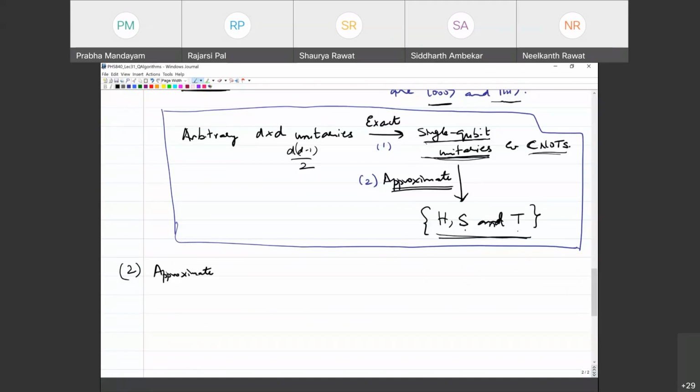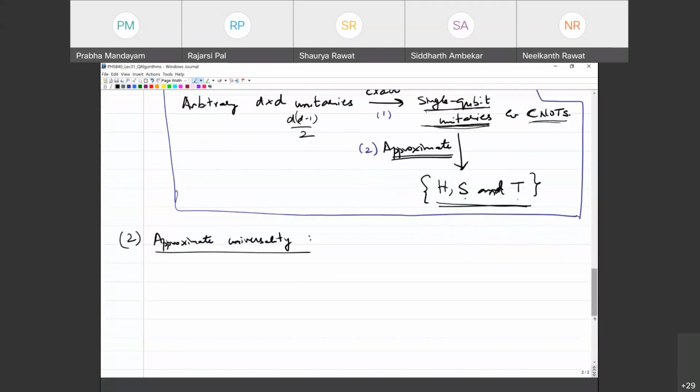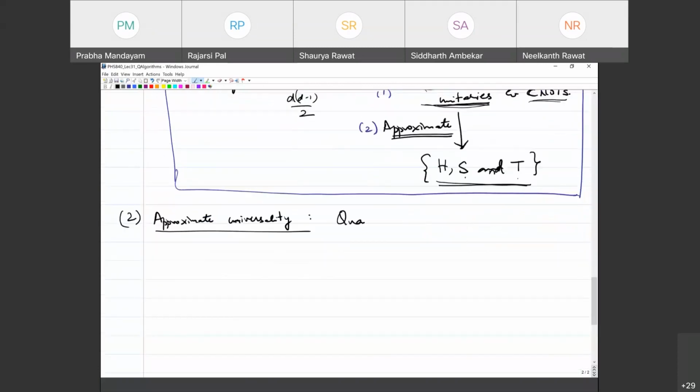So the second statement, like I've been saying, is an approximate universality statement. So the question is, how do you quantify this approximate part? I just want to briefly talk about that. This is a question of quantifying the error.